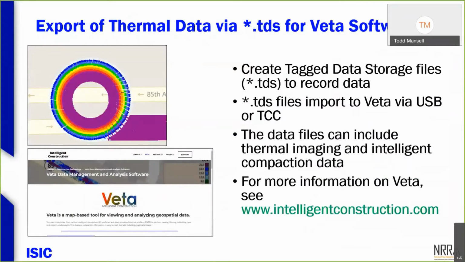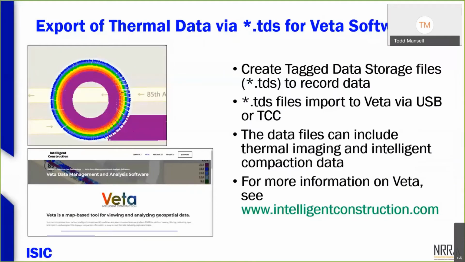Again, this is just on the CAT system, but all the manufacturers have data files that are exportable or import to the Beta software. We'll talk about that a little bit more later. Nars has some more to talk about that. And if you want that Beta software, intelligentconstruction.com is the website where you can go, and it's a free download.